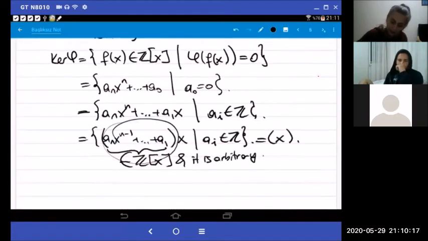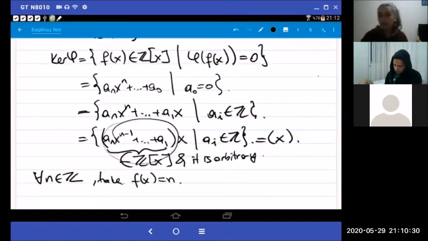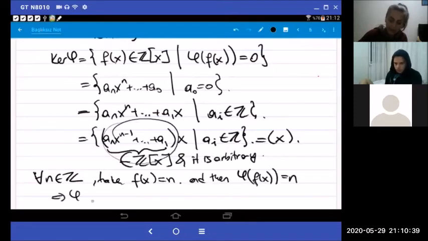For every n in Z, take f(x) to be the constant function n, and then phi of f(x) is equal to n, which means that phi is surjective. Now what is left is to apply the first isomorphism theorem.